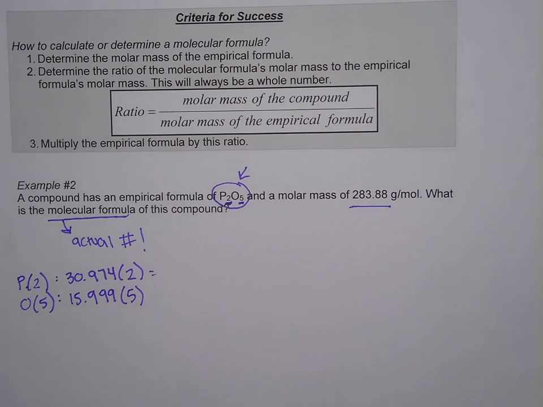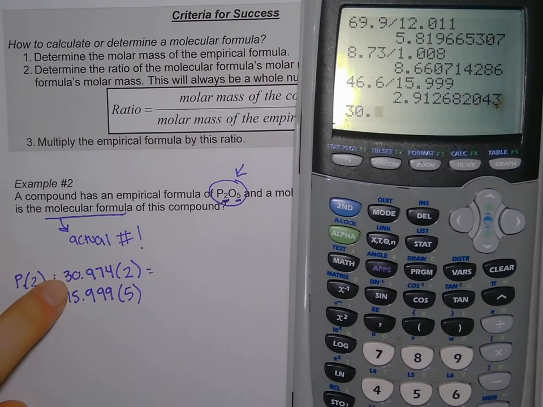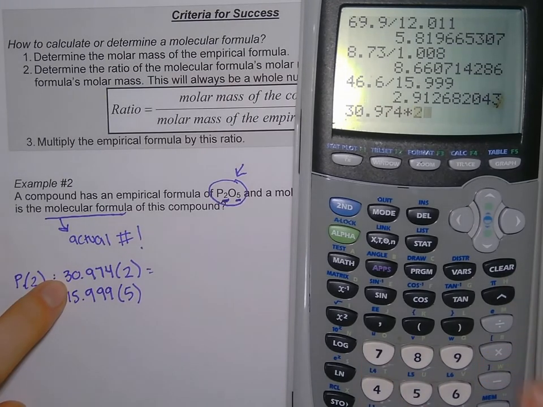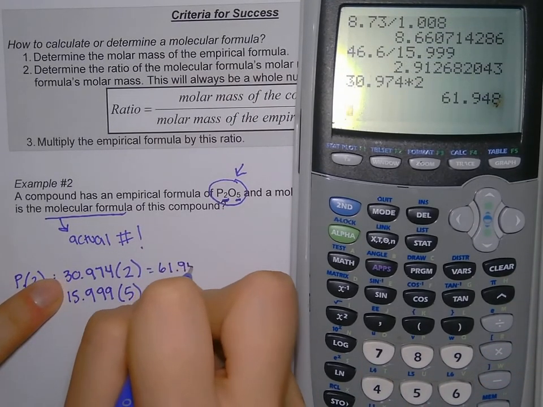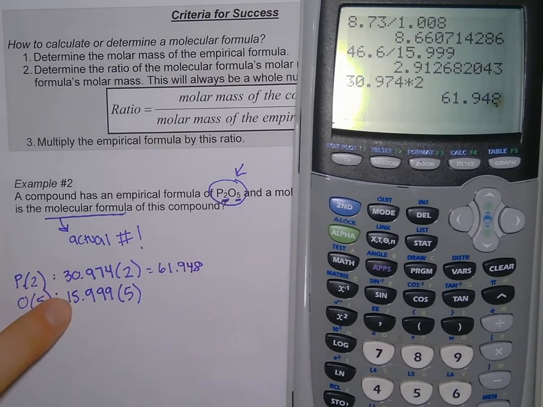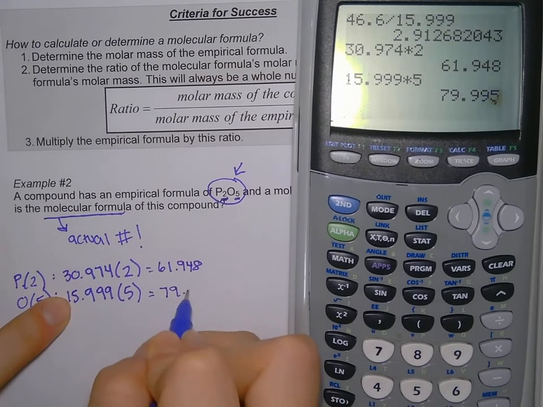Now I can go and multiply 30.974 times 2 to give me 61.948. 15.999 times 5 is equal to 79.995.